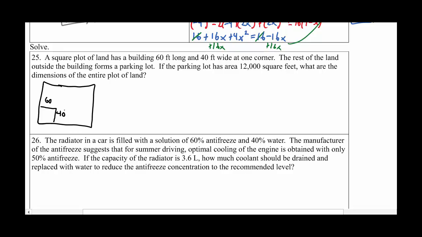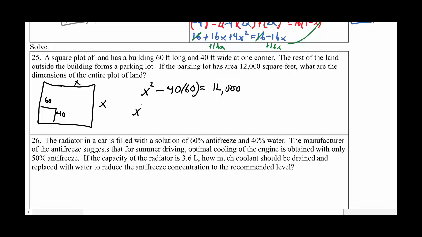Okay, so let's think about how we can break this up. So it's a square here, and I want the parking lot. So if I take this x squared, which is the area of everything, and I deduct the building, that would give me the area of the parking lot, and then I could figure out what the dimensions of the outside square are.